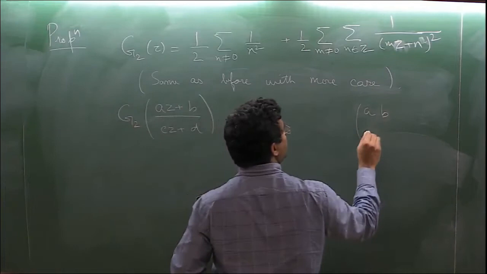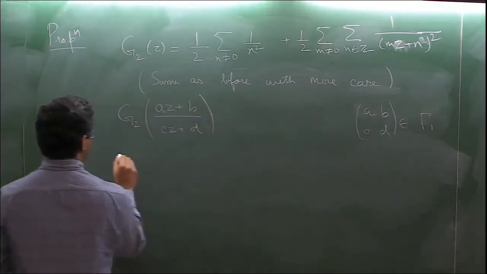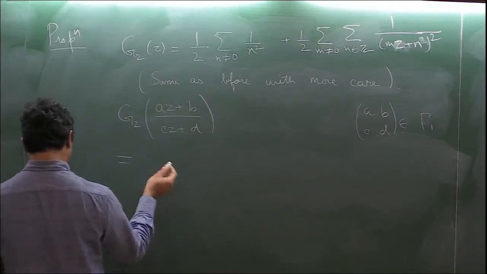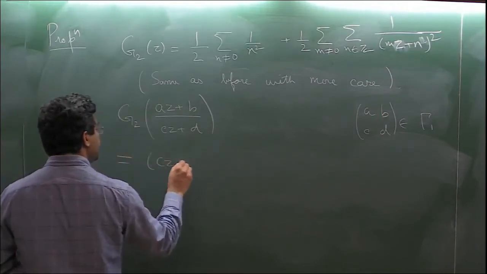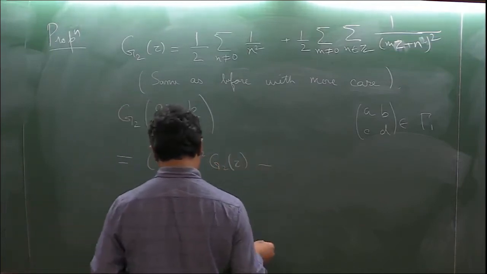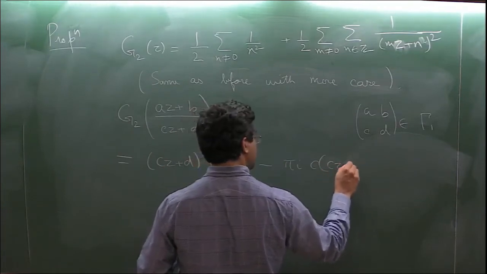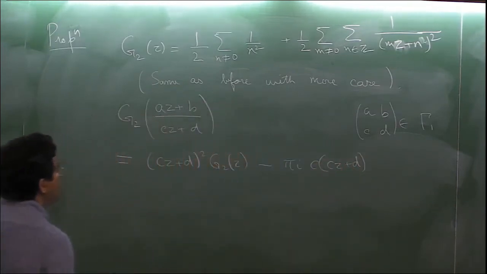So take (A, B, C, D) belonging to gamma 1. What is G2 of (AZ plus B) upon (CZ plus D)? This is just (CZ plus D) squared G2 of Z minus pi i C (CZ plus D).